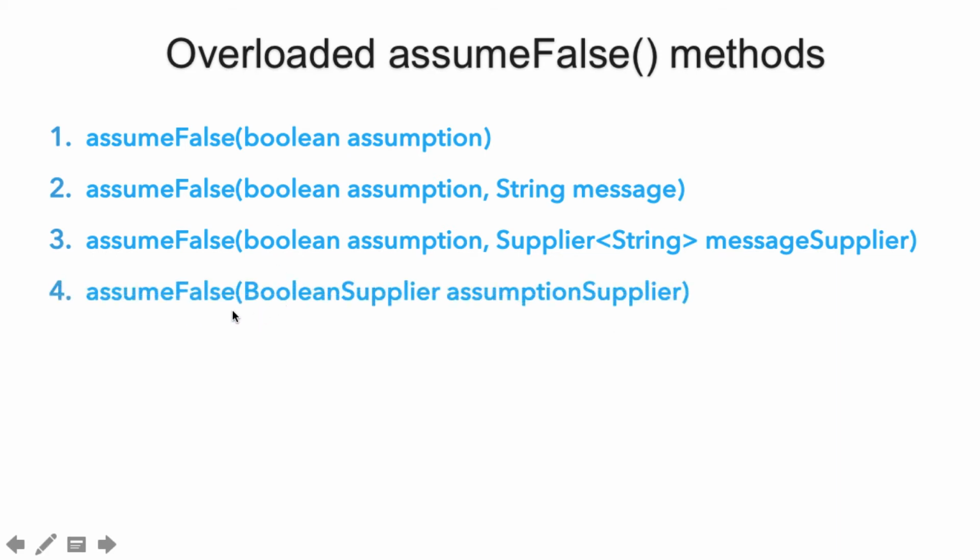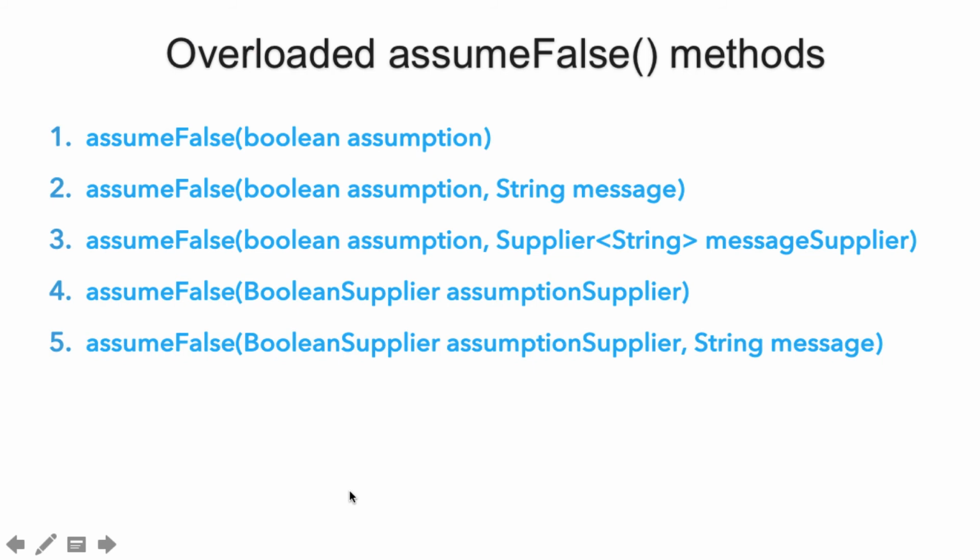So friends, the fourth assumeFalse method is very much similar to the first. Instead of a boolean assumption, it takes in a functional interface by the name BooleanSupplier. This functional interface simply provides a boolean assumption. The fifth assumeFalse method is very much similar to the second, with the only difference that instead of a boolean assumption, here we are using the functional interface BooleanSupplier.